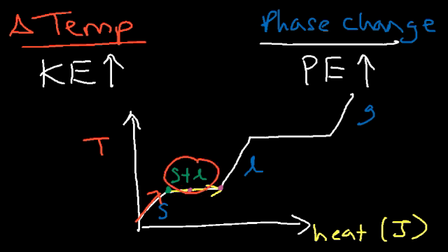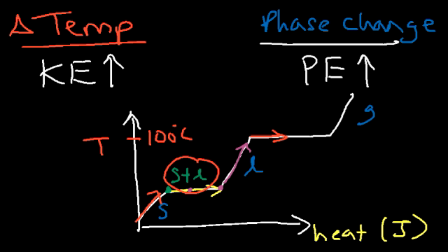Now, during the third part, as you add heat, the temperature of the liquid is increasing. And whenever the temperature goes up, the kinetic energy of the system is increasing. During the fourth segment, as you add heat, the liquid is vaporizing into a gas. During a phase change, the temperature is constant.